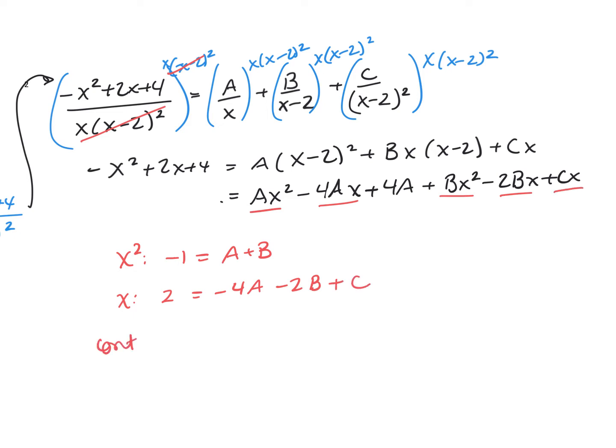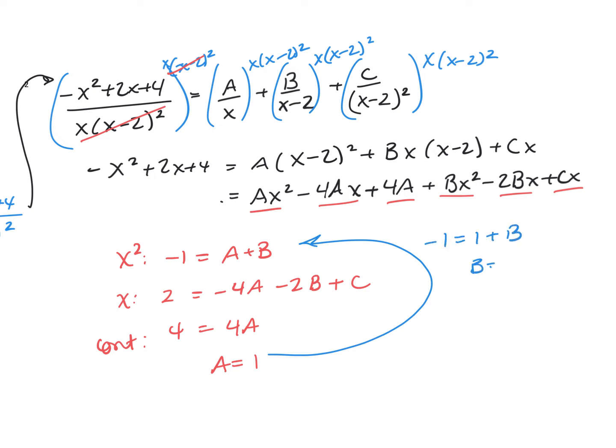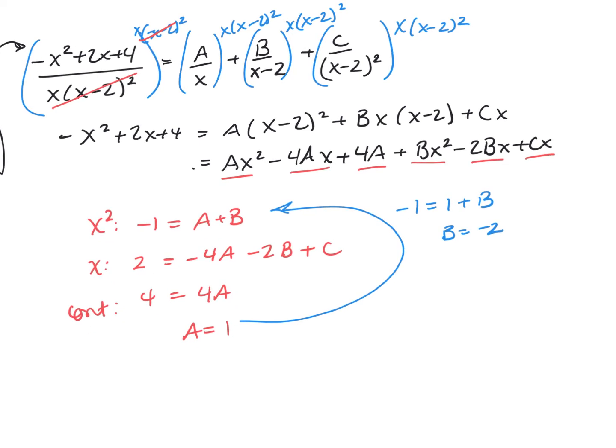Now I'm going to work on my constant. With my constant, I get 4 on the left. On the right-hand side, I get 4A. Well, that's lovely, because that tells me that A happens to be 1. If A is 1, then B, coming back, substituting that in, I have negative 1 is equal to 1 plus B, so B must be equal to negative 2.